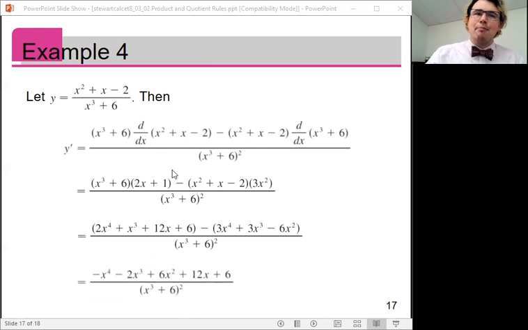So I can combine all the identical powers of x, and I find that this derivative is equal to the quantity negative x to the fourth minus 2x cubed plus 6x squared plus 12x plus 6, all divided by the quantity x cubed plus 6 squared.